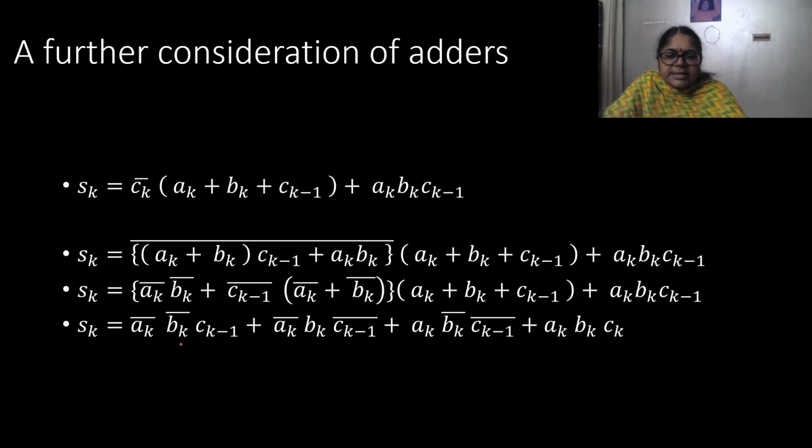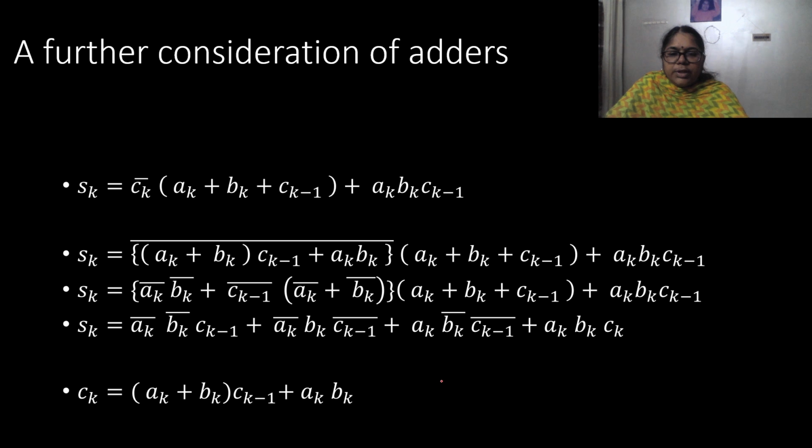So what we can see is that once we have substituted the value of Ck, then using De Morgan's theorem, we are going to remove the complete complement here, and then we are going to get S = A bar B bar C + A bar B C bar + A B bar C bar + ABC. And we know that carry is equal to (A + B) into C + AB.